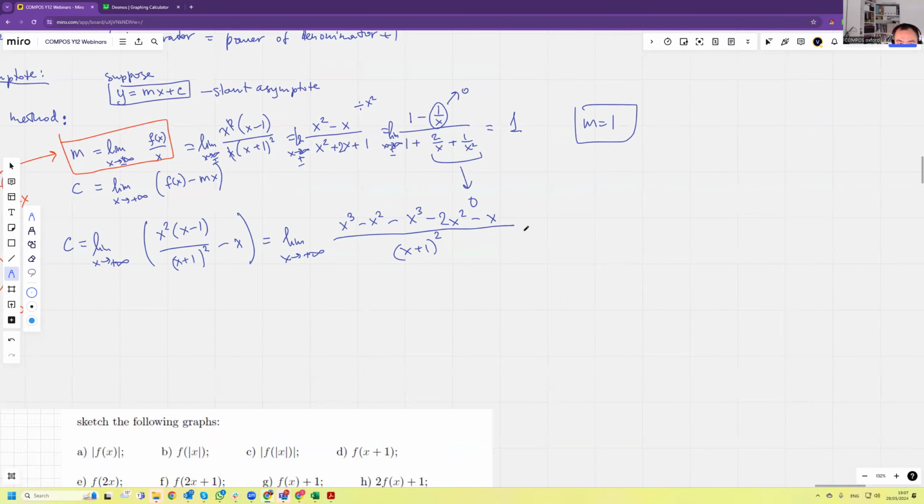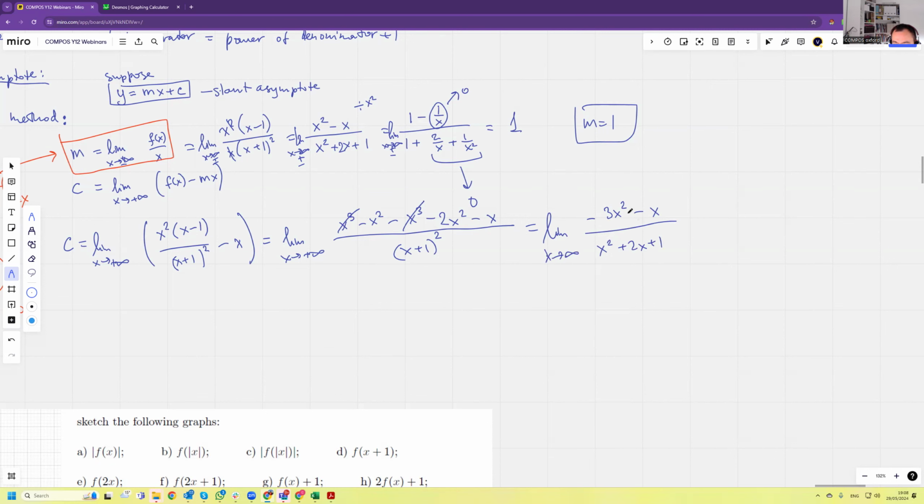What can we do here? So cubed cancels. We're left with minus 3x squared minus x divided by x squared plus 2x plus 1.